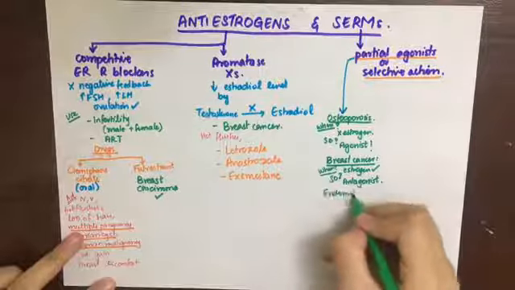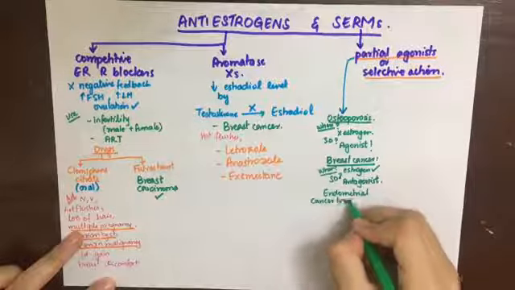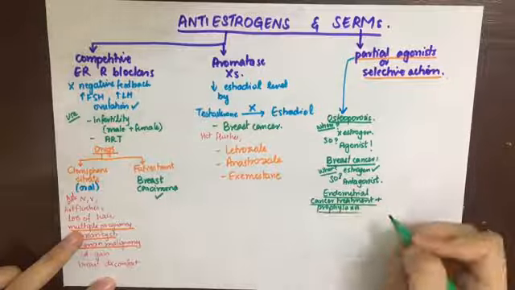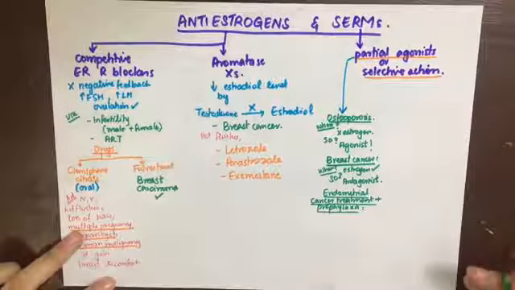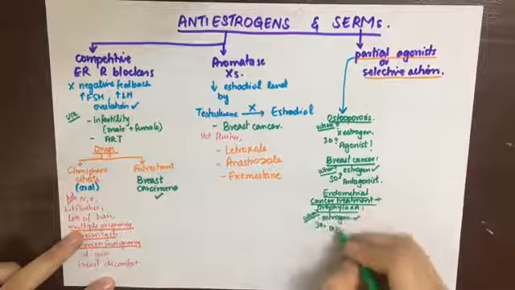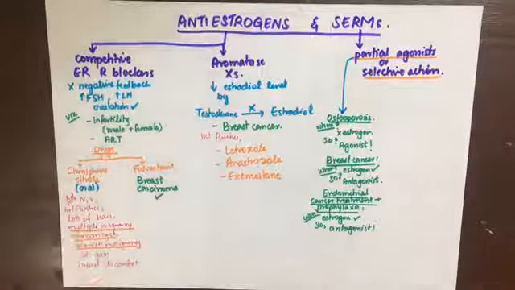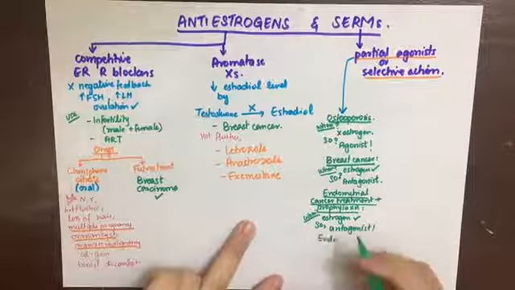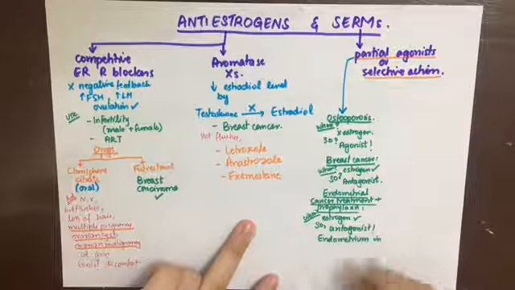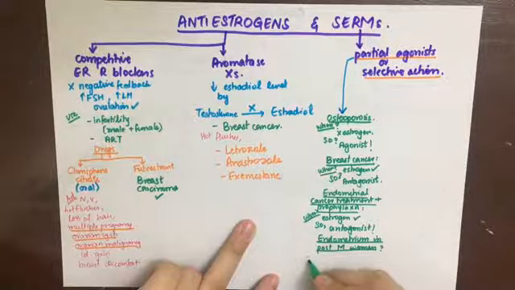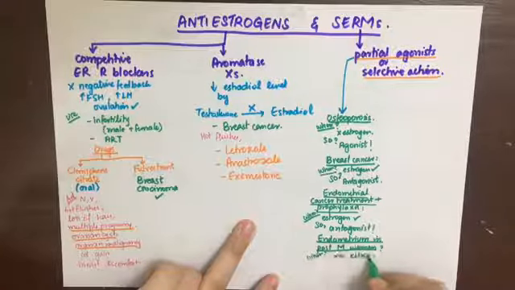Now, if we use them in endometrial cancer prophylaxis or treatment, we know that estrogen is there. So when estrogen is there, it will act as an antagonist again and work to our benefit in treating the cancer or even when used prophylactically. To explain a side effect by this partial agonist concept, let's say that I'm using these SERMs in a postmenopausal woman for some reason, and here I increase the risk of endometrial cancer.